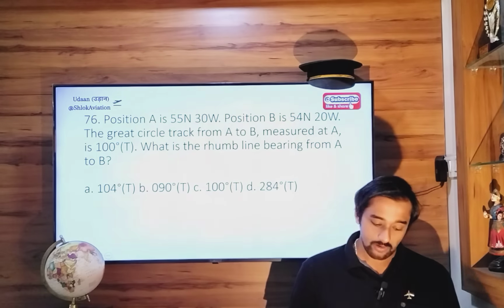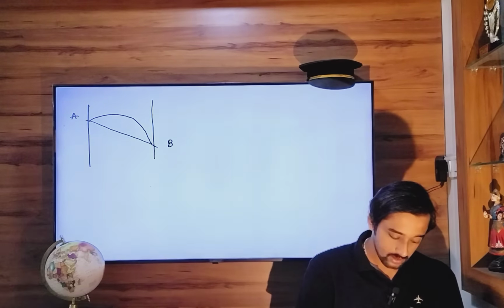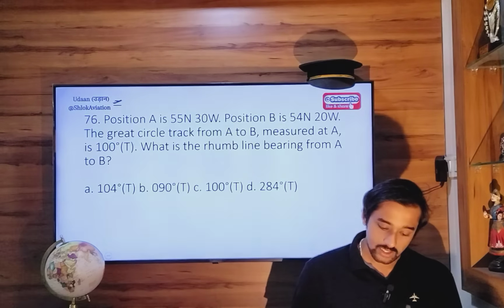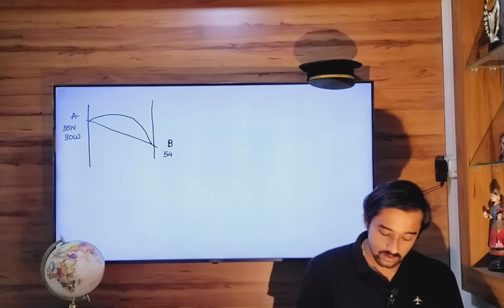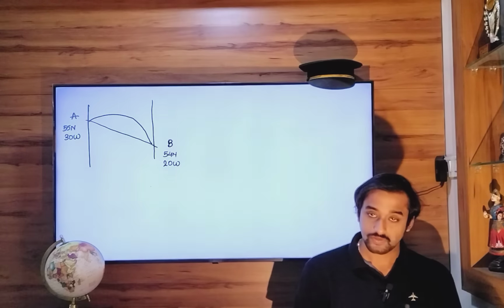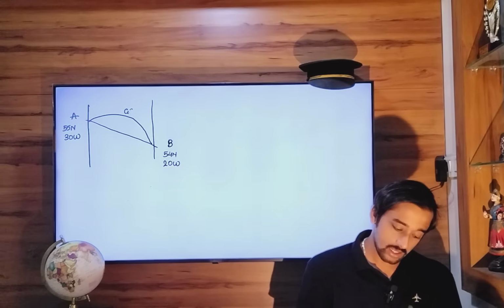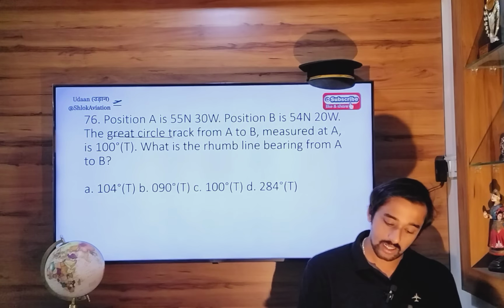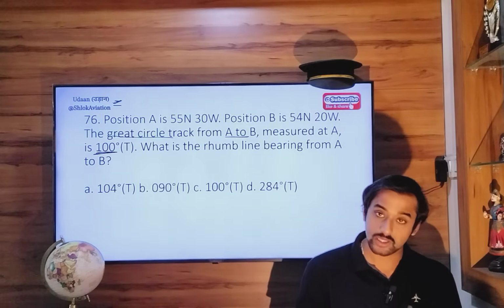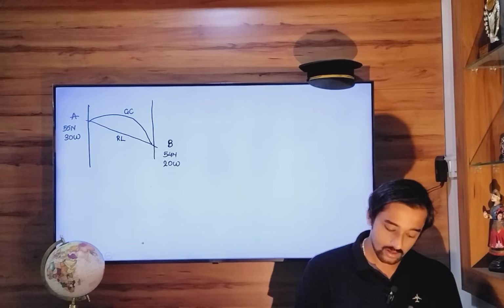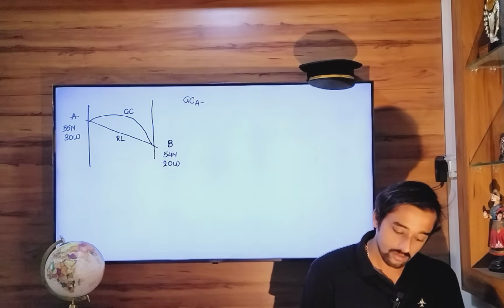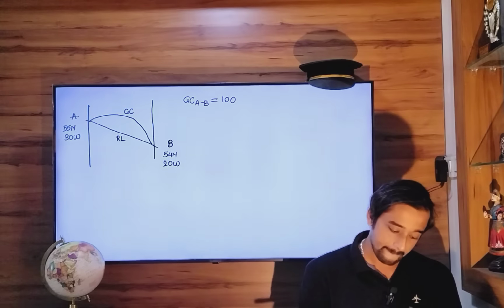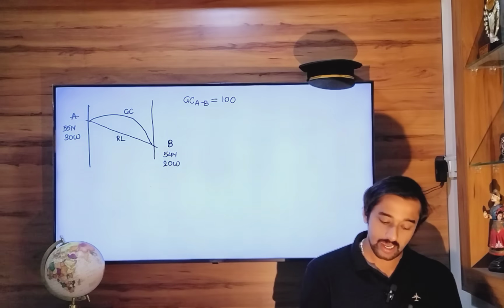A is 55 north, 30 west. B is 54 north, 20 west. This is your great circle, this is your rhumb line. It's given in the question that the great circle A to B is 100. We have to find the rhumb line A to B.